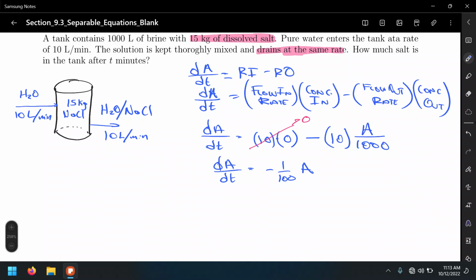The 1,000, because that's the total volume of the tank. And the A, we call it A because that amount of salt is going to vary over time. So if, for example, during the first few minutes, let's say 1 liter manages to get into the tank, some mixture is going to come out, and the amount of salt is going to be less than the initial. So that's why it's the variable this time.